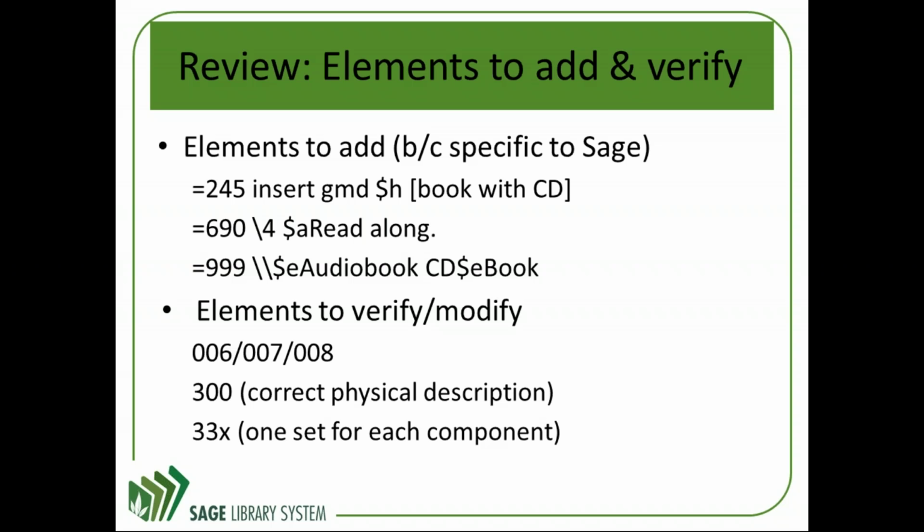So make sure that order is correct. And then with the 33Xs, make sure that there's one set for each component, because the 33Xs are the fields that are generating the icons that we see in the search results. So those are very helpful.